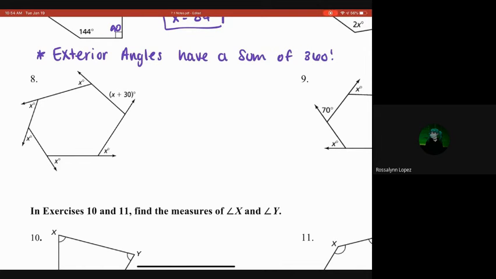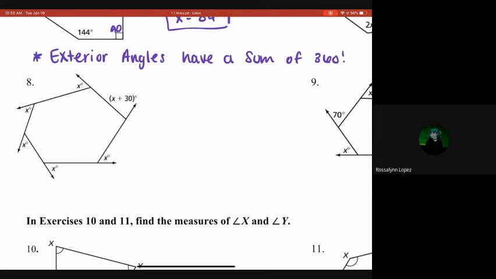So here we're going to add everybody up. I don't want to write down all those x's, so I'm going to put up my x's here. We got 1, 2, 3, 4, 5, 6 x's. So 6x plus 30 equals 360. We good? I'm going to subtract my 30 over. 6x equals 330.